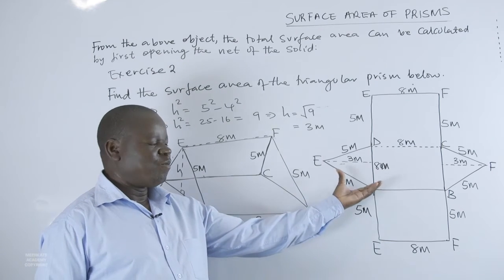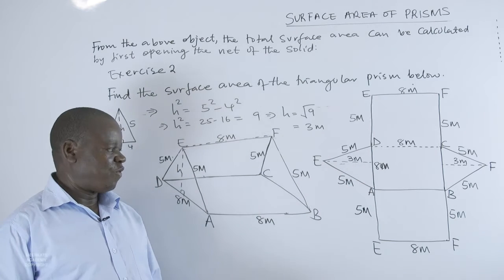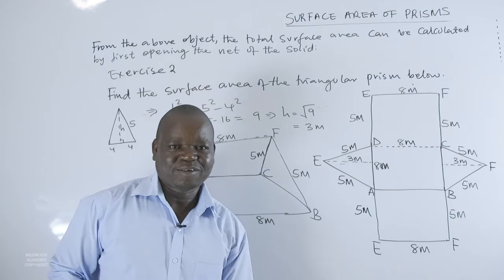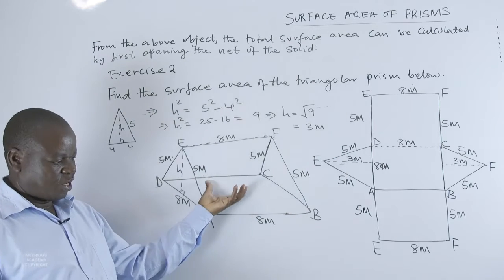And therefore we are now able to use the formula we've learned earlier on to calculate the surface area of this particular wedge.